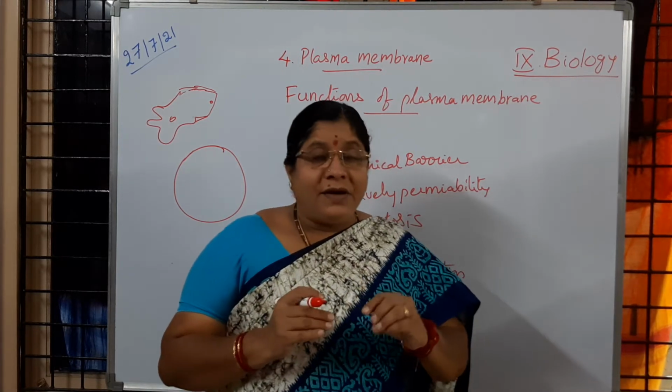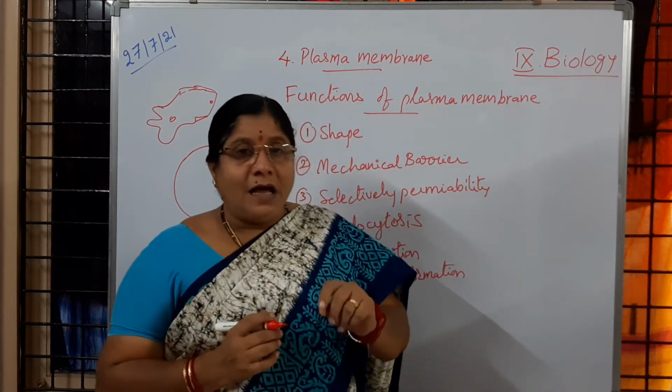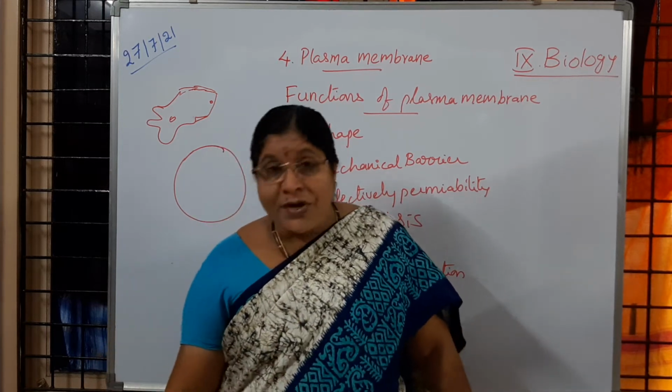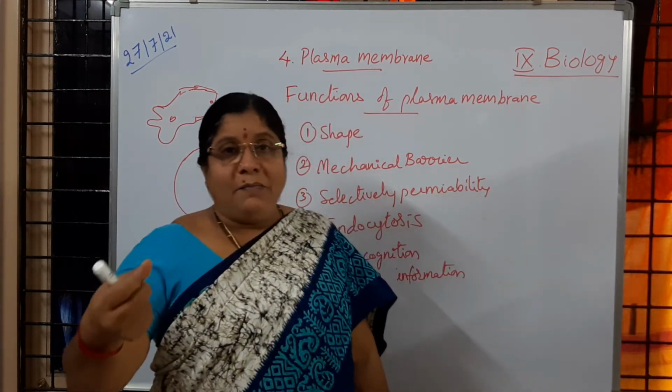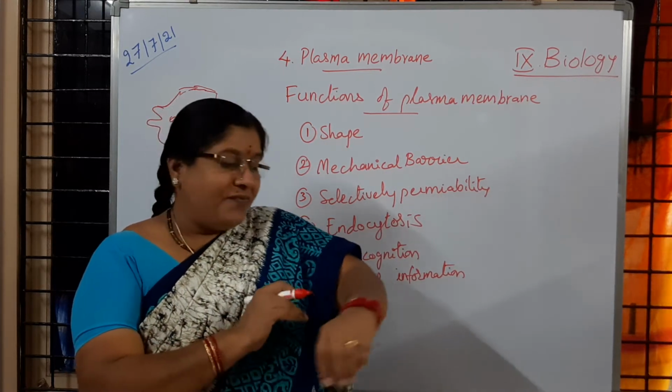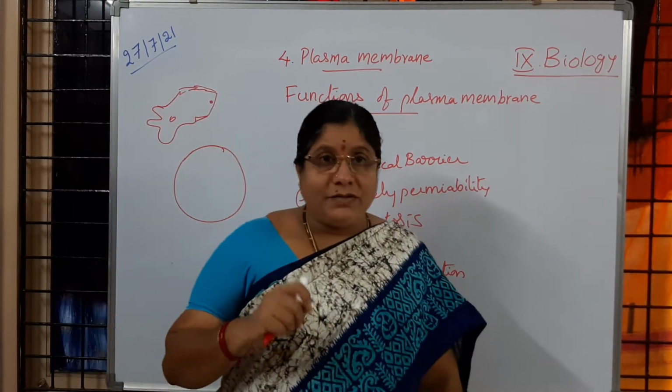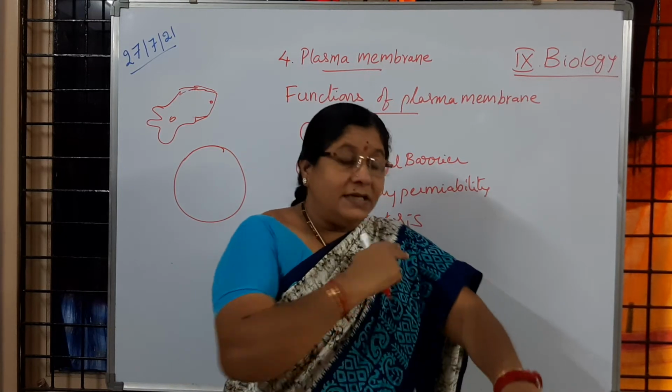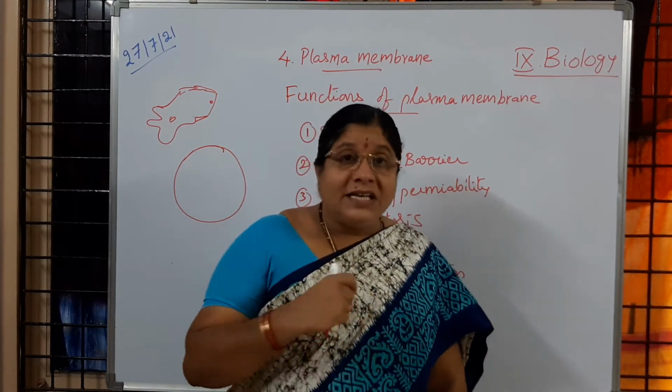So, for example, one neuron is there, another neuron is there. I observe that a mosquito is there on my hand. So that information reaches the brain through the neurons which are present on the skin.